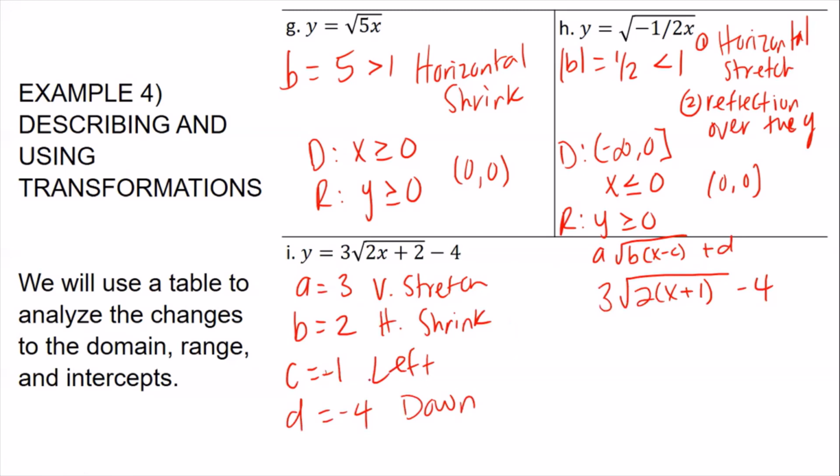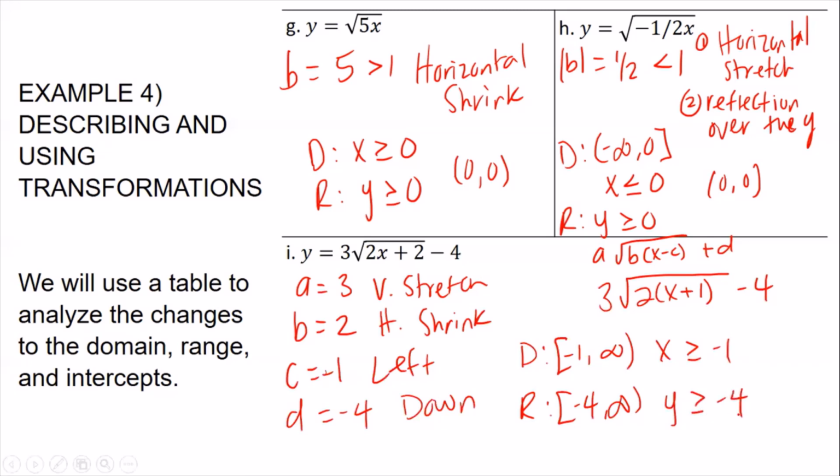Okay, so that means when you're looking at this, your domain and your range have both been affected. Does that make sense? My domain now starts at -1 and continues to infinity. My range now starts at -4 and continues to infinity. So x has to be greater than or equal to -1, and y has to be greater than or equal to -4.